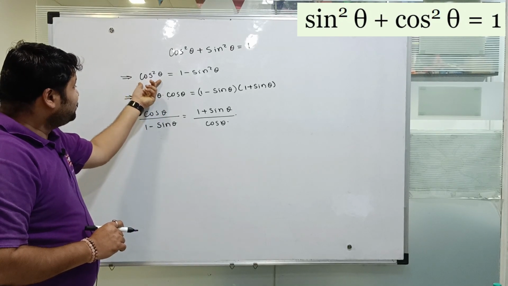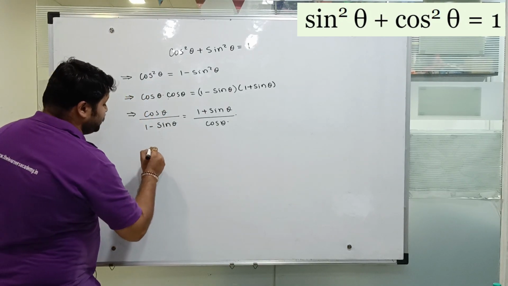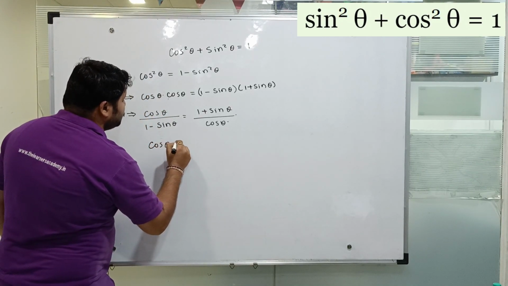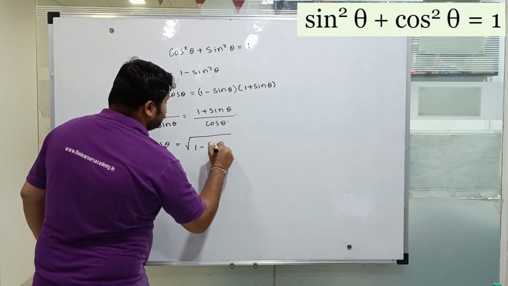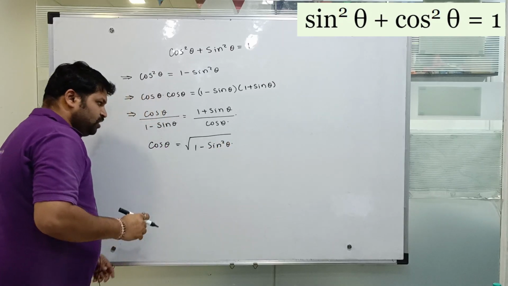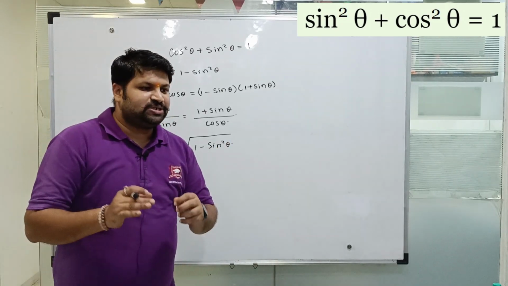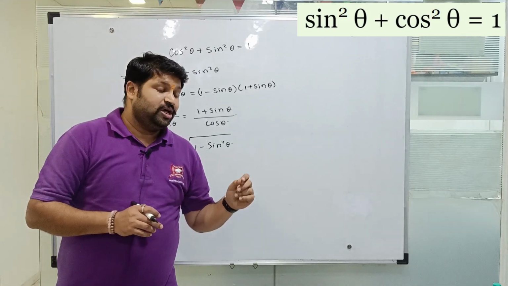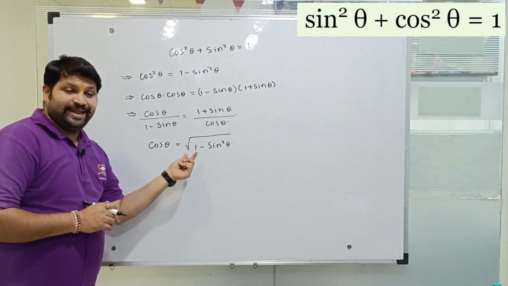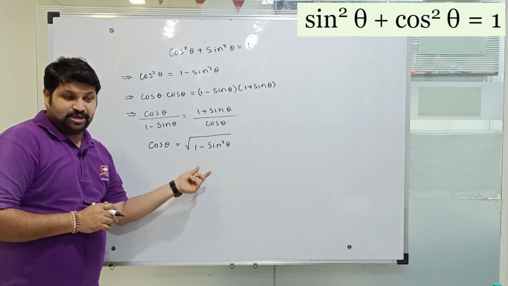The other thing that we can prove from this directly is cos theta is equal to root of 1 minus sin square theta. Now in 10th standard, we are studying trigonometric ratios of acute angles only. That's why we are not involving a negative sign in this case.